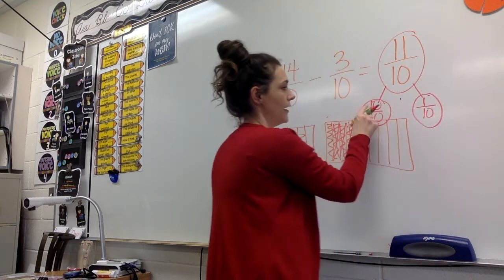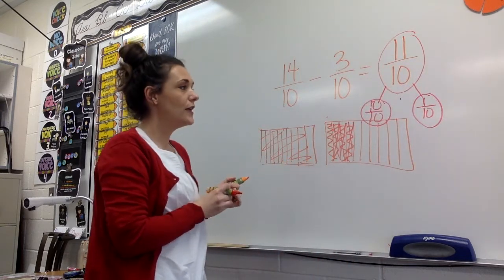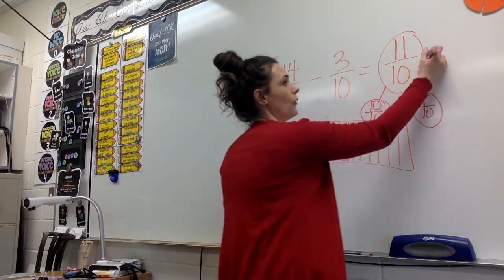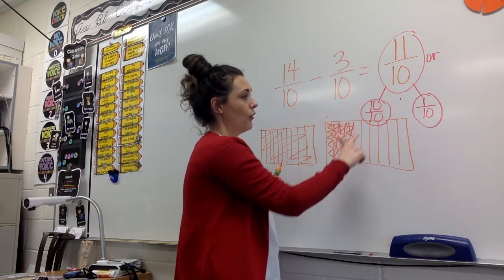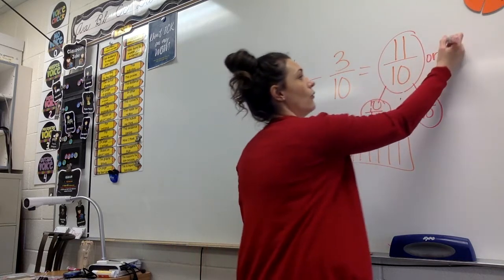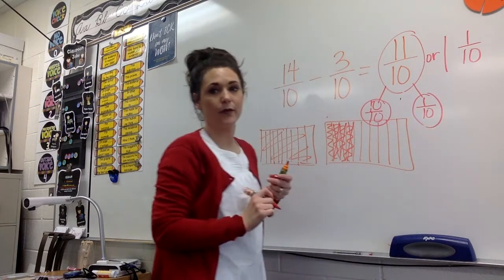So now if I bonded my 10 and my 1 together, I would have 11. So we could say I have 11/10, or what's my mixed number? 1, because 10/10 is equal to that 1 whole. 1 and 1/10, my other number bond.